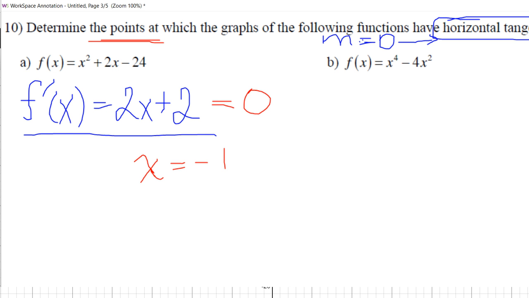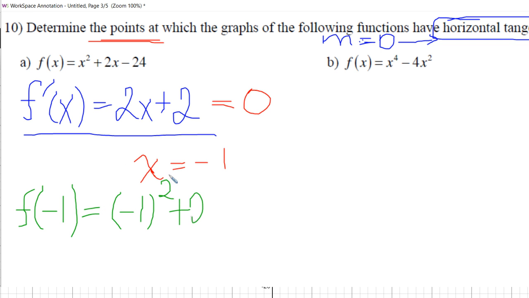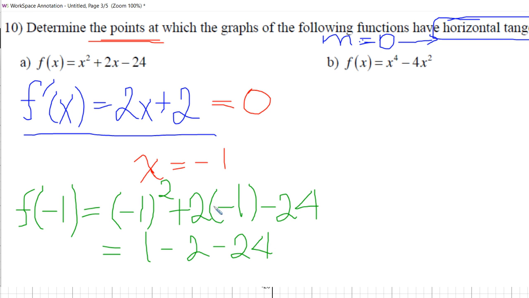So our f of -1, because we want to know where it is on my curve, I'm going to plug it into my curve. 2 times -1 squared, minus 2, minus 24, which is -25.